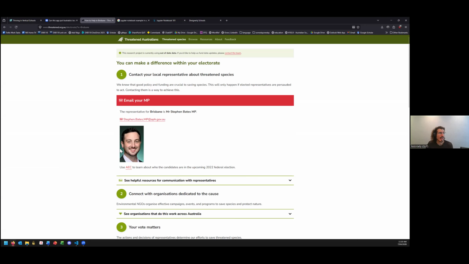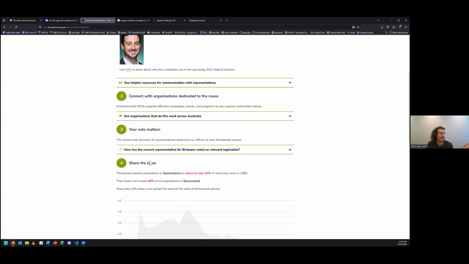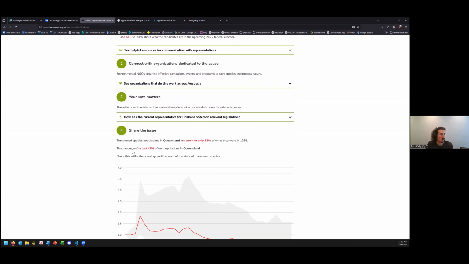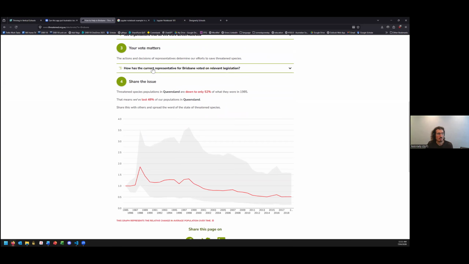This is using out-of-date data because we don't have funding to keep maintaining it. It's no longer Stephen Bates. And then you can see how they've voted and what you can do to make a contribution politically by writing to someone or voting in a particular way.